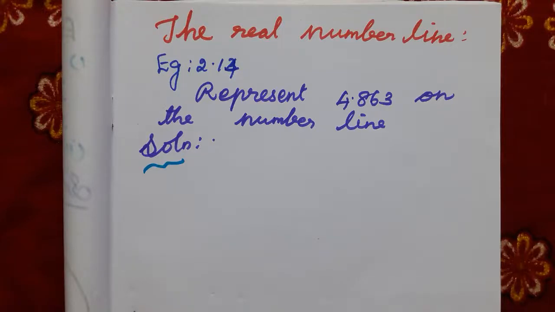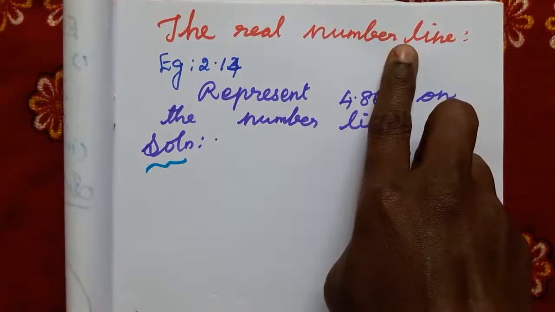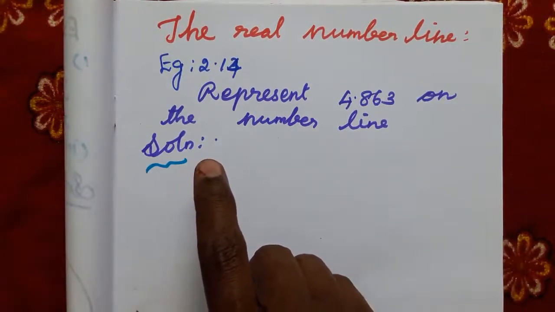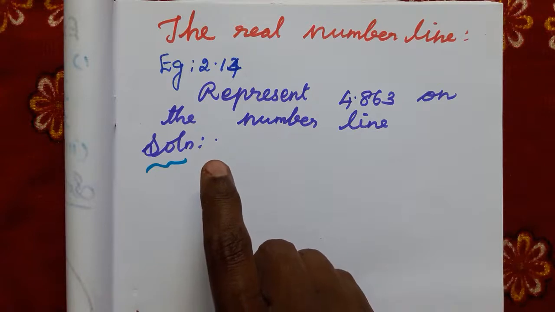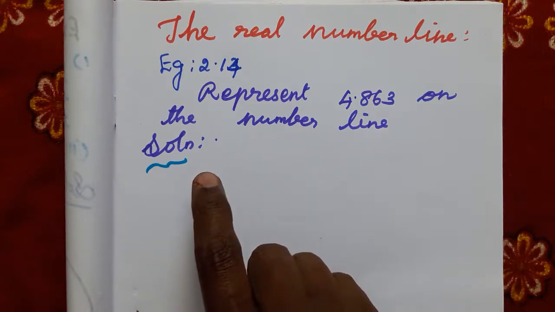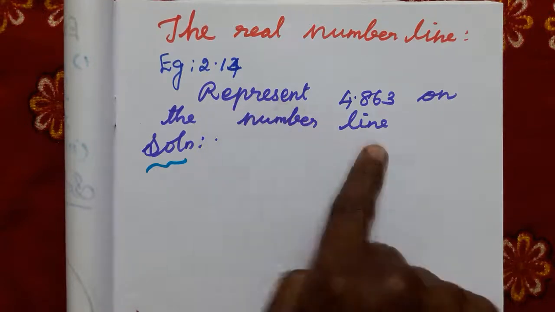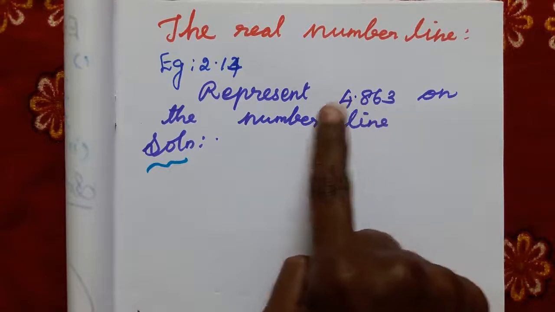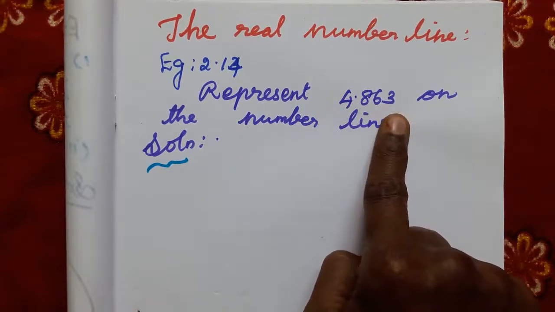The real number line. We can visualize the representation of numbers on the number line. This is which number? It is a rational number.